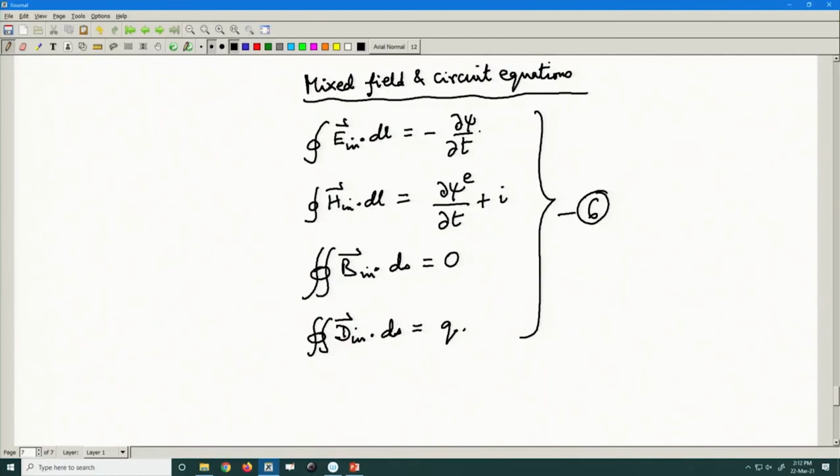In addition, equation number 2, the continuity of current, can also be expressed in the mixed field and circuit form.